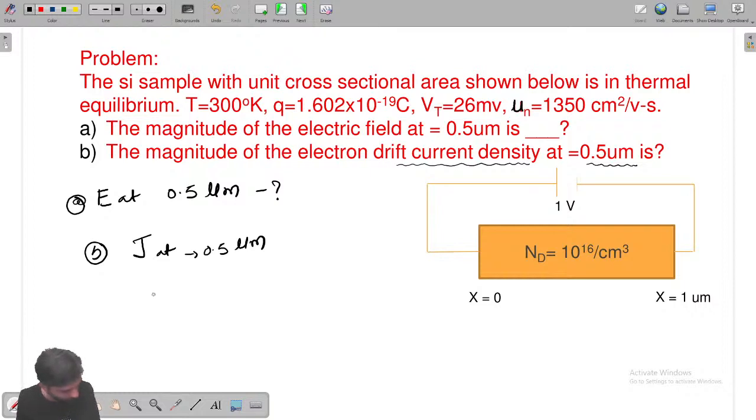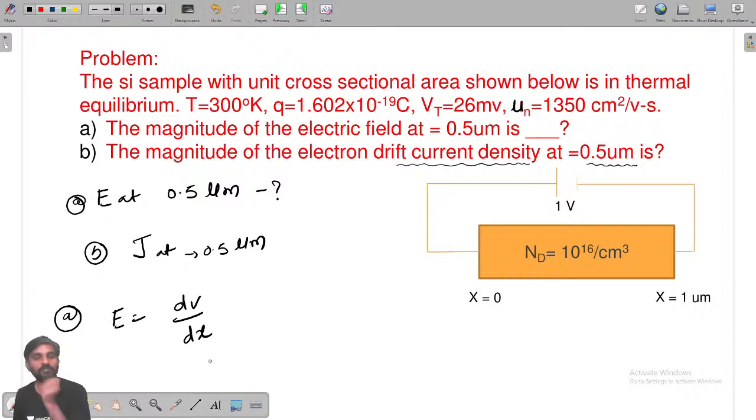First think about answer A. He's just asking for E. What is E? Is E nothing but minus dV by dx?